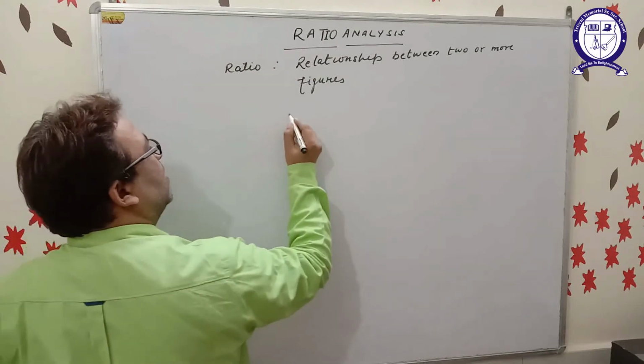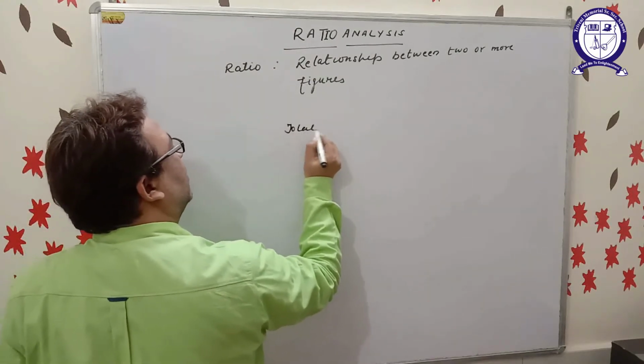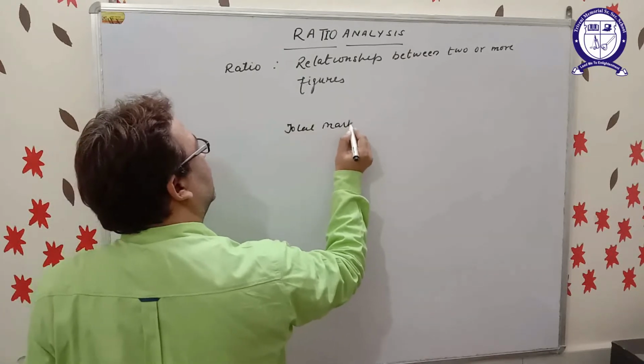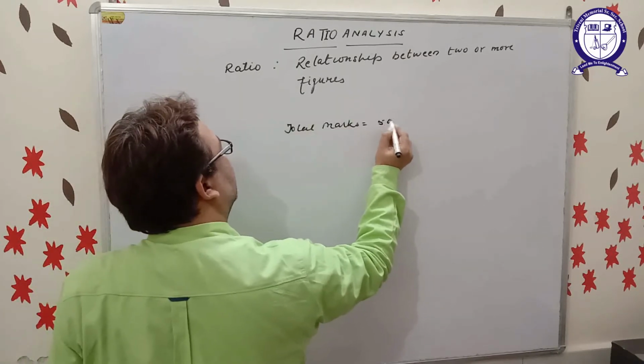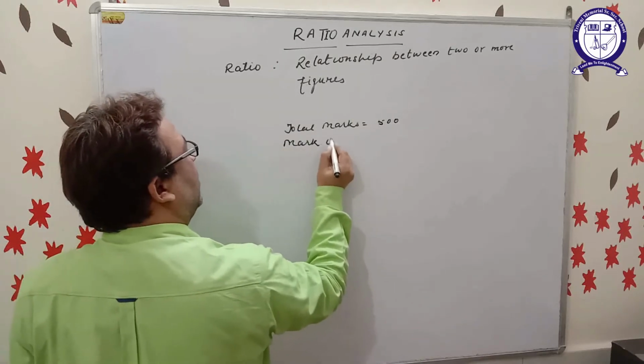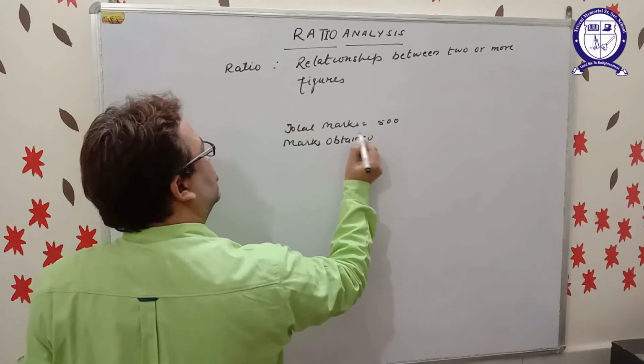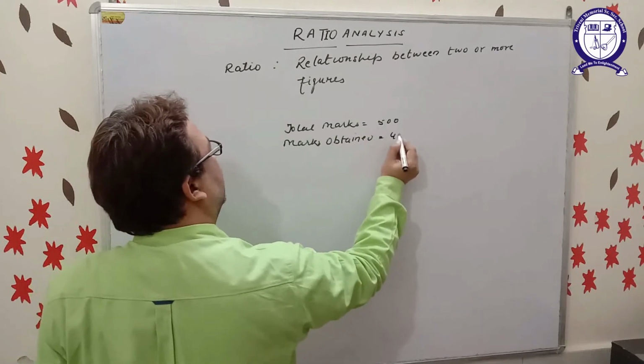For example, suppose total marks were 500 and marks obtained by a student were 400.